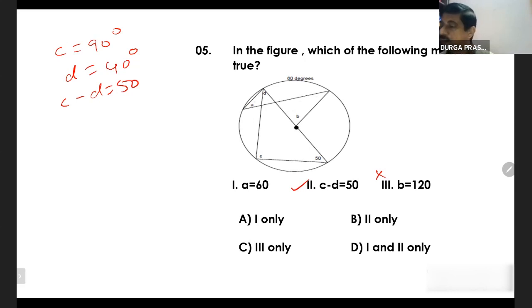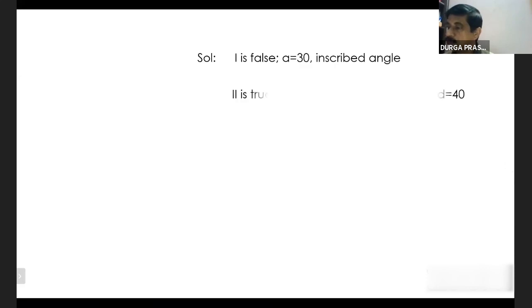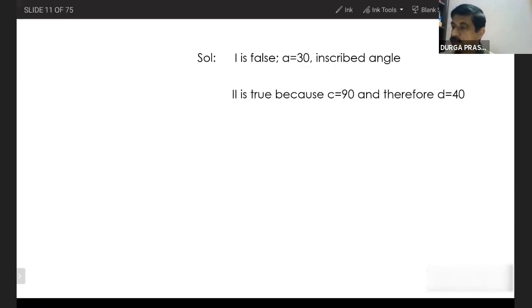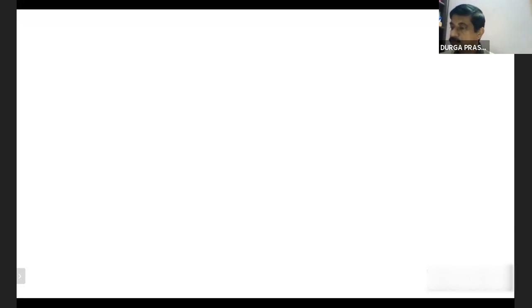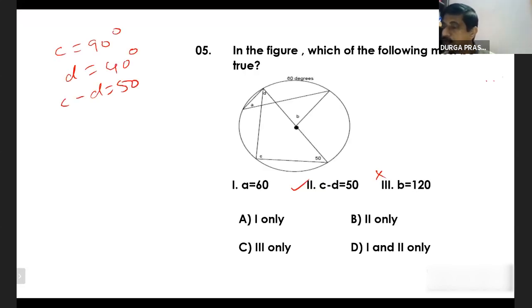So now, if you look at this, angle A is, we got the 90, 40, 50.